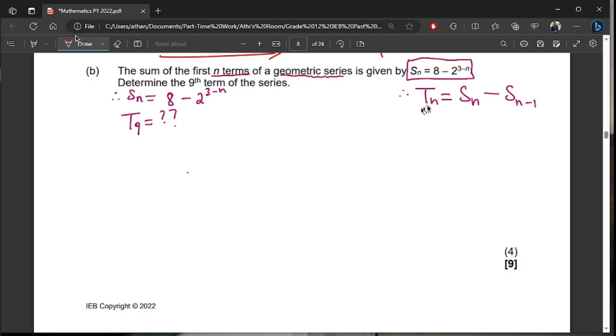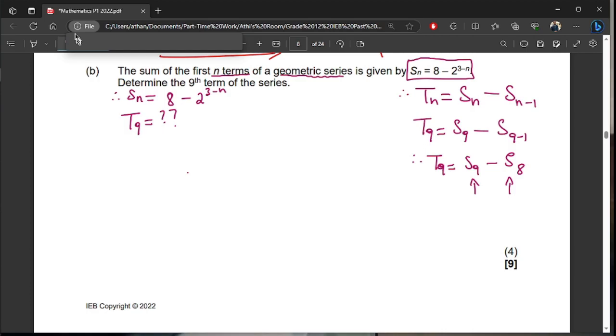In other words, if we're looking for T9, we look for the sum of the first 9 terms minus the sum of 9 minus 1 terms. When I simplify that, term 9 would be S9 minus S8. So let's look for the sum of the first 9 terms and the sum of the first 8 terms. When we subtract these two, we are going to get our T9.